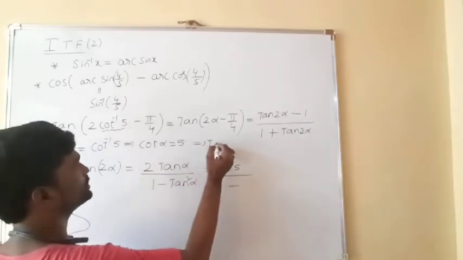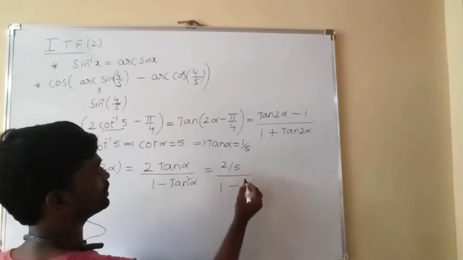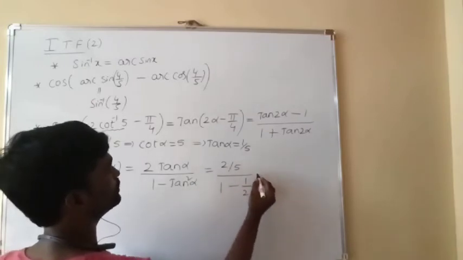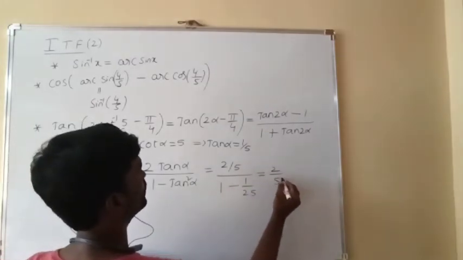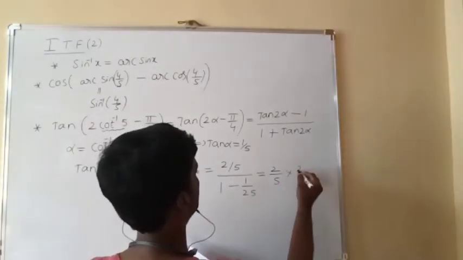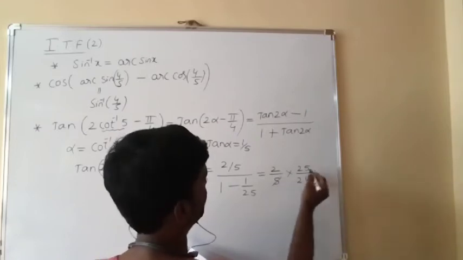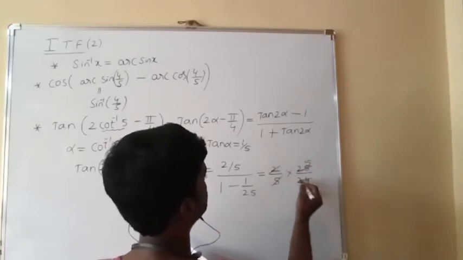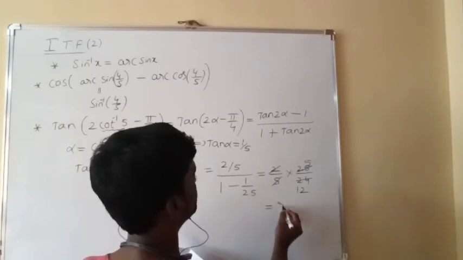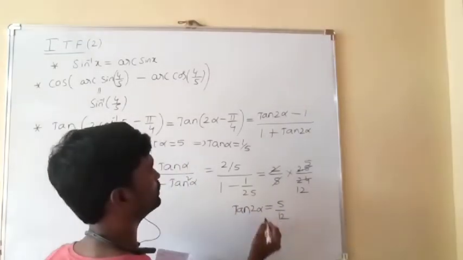So tan alpha is 1 by 5, then tan square alpha is 1 by 25. So 2 by 5 divided by 1 minus 1 by 25, which is 24 by 25, is nothing but 2 by 5 into 25 by 24. 5 fives are 25, 2 twelves are 24, so 5 by 12. This is the tan 2 alpha value.